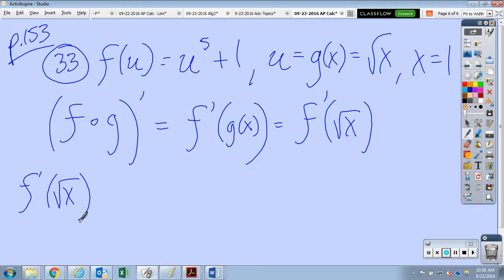See, we could do f prime of u, which would be 5u to the fourth, and then just plug in, that works too. So we could say it's going to be equal to, yeah, let's do that. That's a little bit clearer.